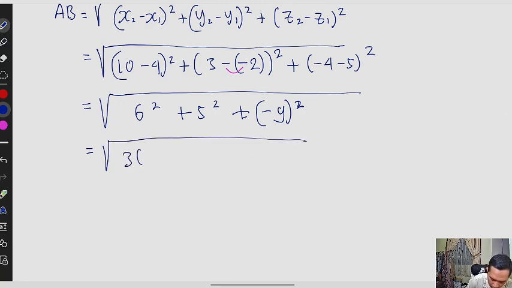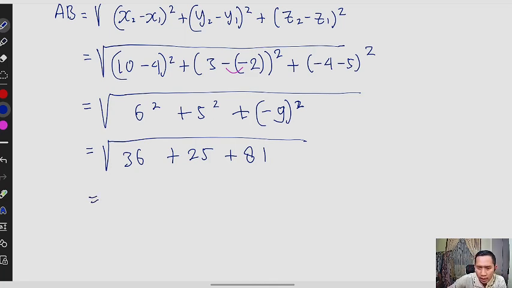So we have 36 plus 25, and then minus 9 squared is minus 9 times minus 9, so we have 81, positive. Negative 9, when we square it, becomes positive, because negative multiplied by negative gives positive.